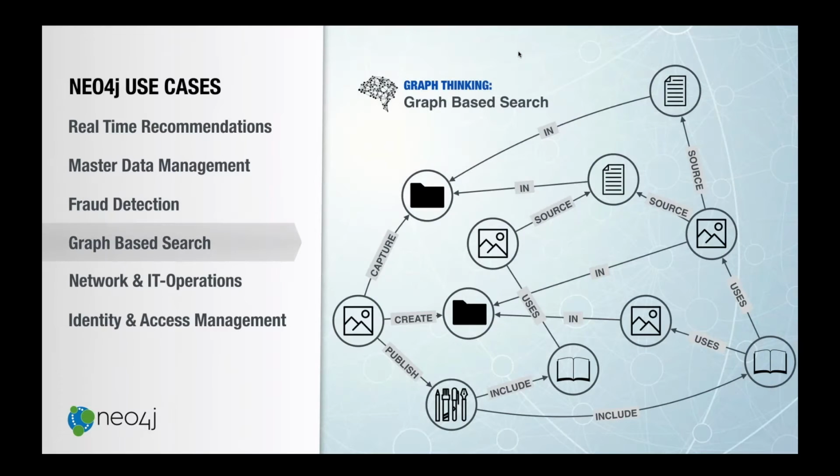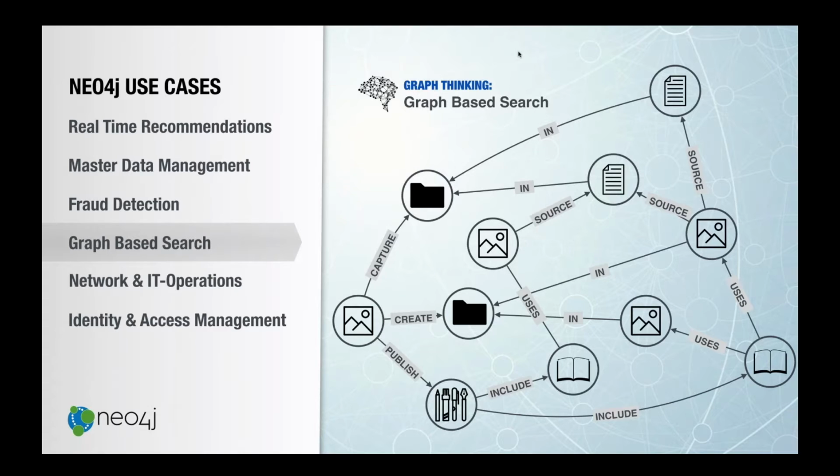Graph-based search. Think of all of the metadata that's available for things like video content, articles, products, and so on. Being able to model that metadata as a graph allows us to enhance search. It allows us to put search results in the context of the user, to find things that are more relevant for them.